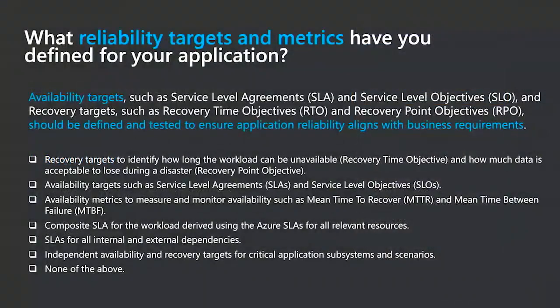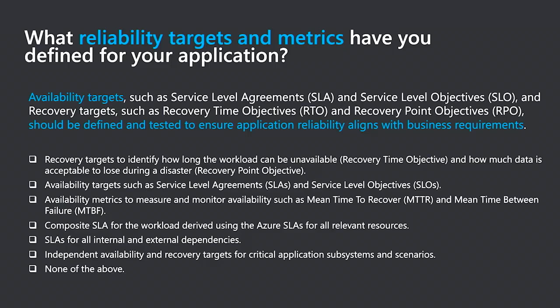Let's discuss what availability targets are and how they should be defined to ensure the application is reliable according to business needs. In the cloud, we acknowledge up front that failures will happen. Instead of trying to prevent failures altogether, the goal is to minimize the effects of a single failing component. Use metrics to determine if your app will be within an acceptable time frame for your workload to be unavailable in a disaster. Just as important is how much data is acceptable to lose.